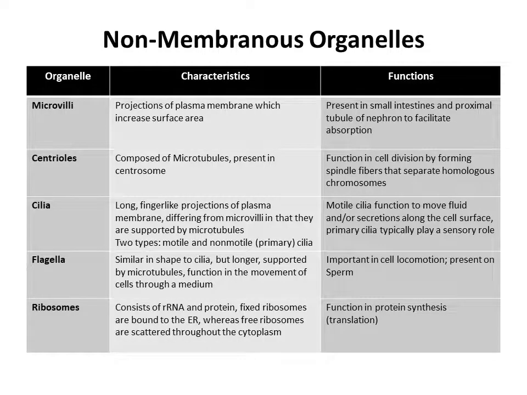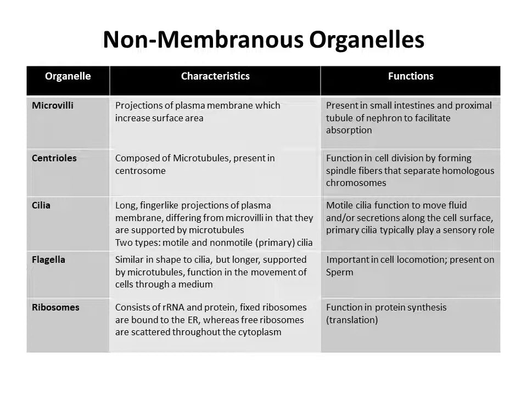Now that we have revised membrane bound organelles, let's look at the non-membranous organelles. Yet another table that will help us summarize. Microvilli, centrioles, cilia, flagella and ribosomes are the non-membranous organelles that we have to revise. Beginning with the microvilli, let's look at their characteristics. These are projections of plasma membrane which increase the surface area, and this adaptation is related to their function.